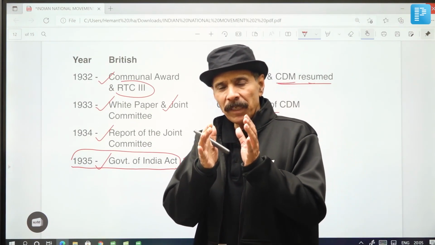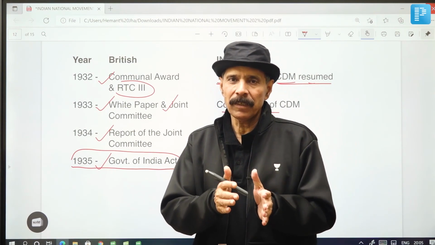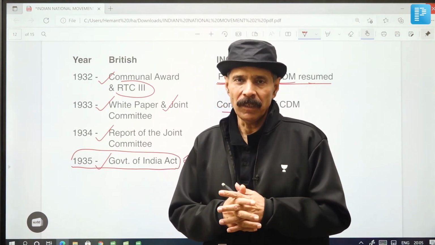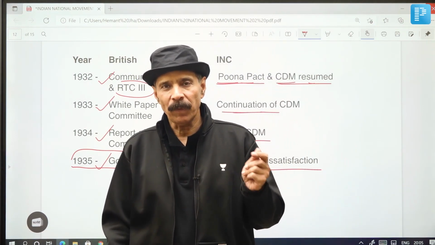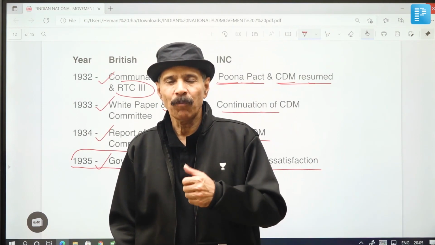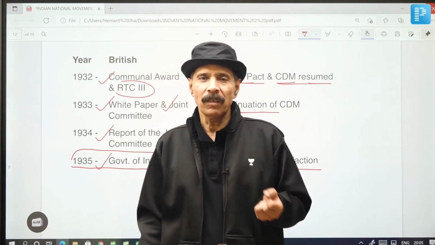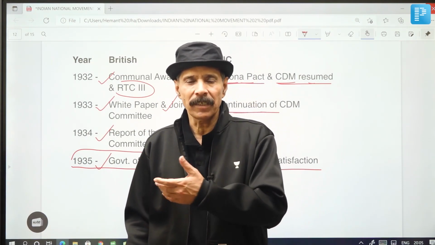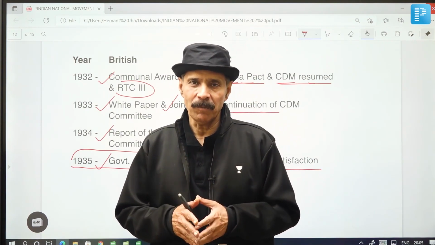So the period 1927 to 1935 is a very, very important period of Indian national movement, and in this period you find so many events took place: appointment of Simon Commission, roundtable conferences, Communal Award, Pune Pact, Dandi March, Pune Swaraj Declaration, etc., etc. And all are important for your preliminary examination.